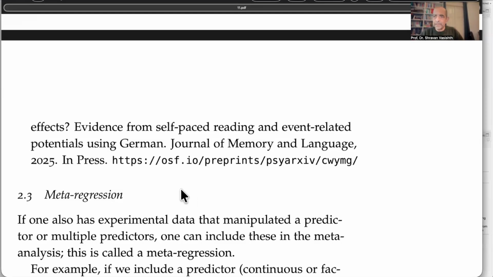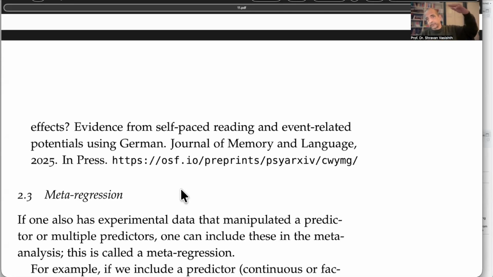So there's a Many Babies project that tries to do that as well, with multiple data sets from different labs. That's also a meta-analysis, basically. What I did here is I extracted estimates from different studies and I put them together into a random effects meta-analysis model. But if you have access to multiple labs' original data, you can just pool all the data together, okay? Literally put all the data together.